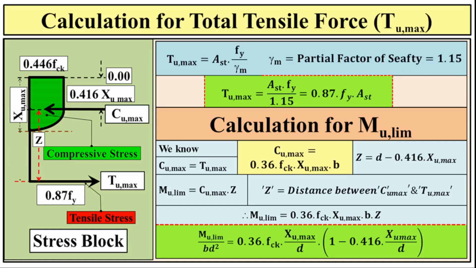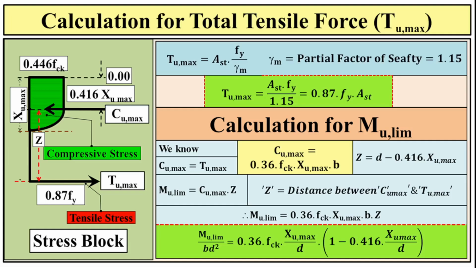As illustrated in this diagram, the total tensile force, Tu max, within the concrete beam stress block for a balanced, singly reinforced section is calculated as Tu max equals Fy by gamma m into Ast, where Fy is the yield stress of the steel reinforcement.